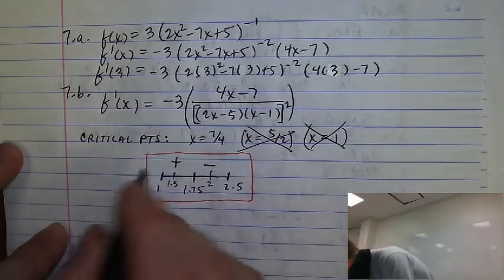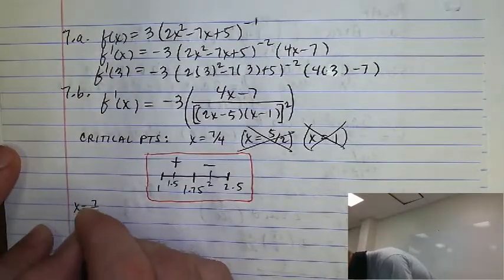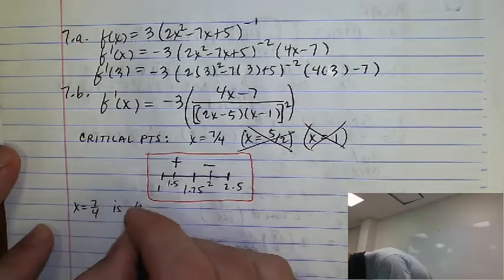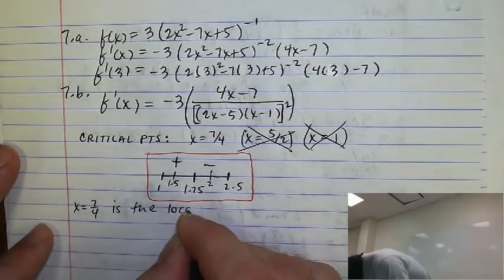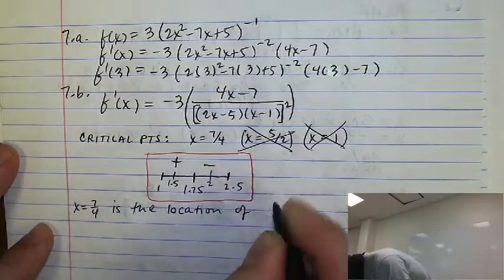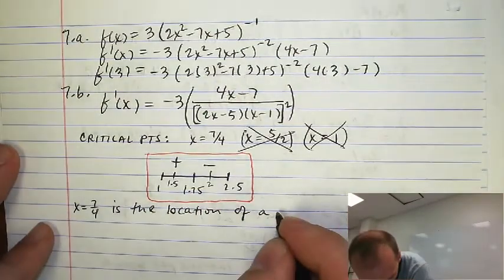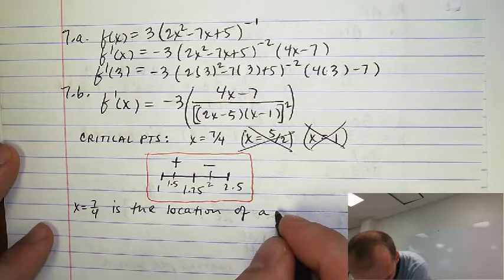But I'm going to say x equals 7/4 is the location of a relative maximum. What kind of language were they using?